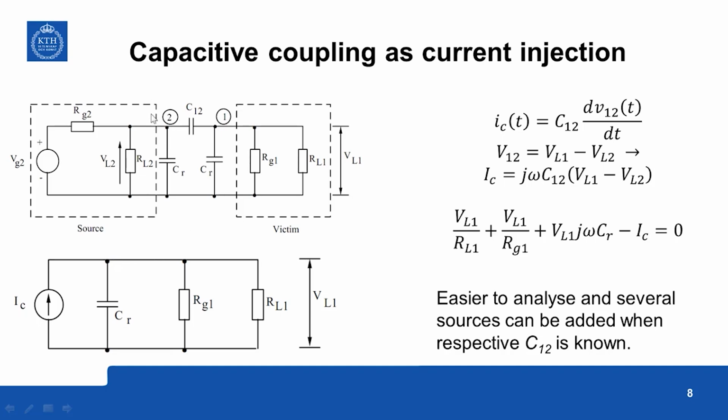The whole thing, the current entering here, we write it as IC. This way it is easier to do the analysis, and several sources can be added when the respective C12 is known. So you can have one current source here, another current source there. So you can have many lines and you can easily connect these sources.